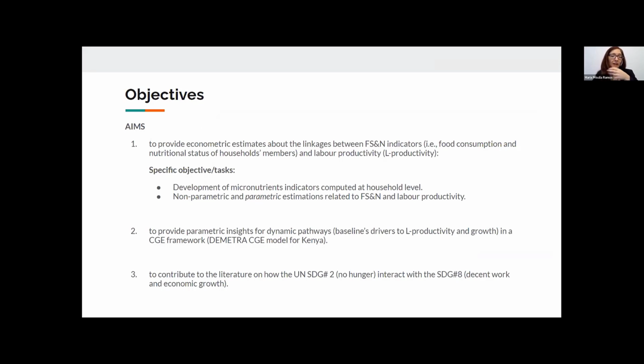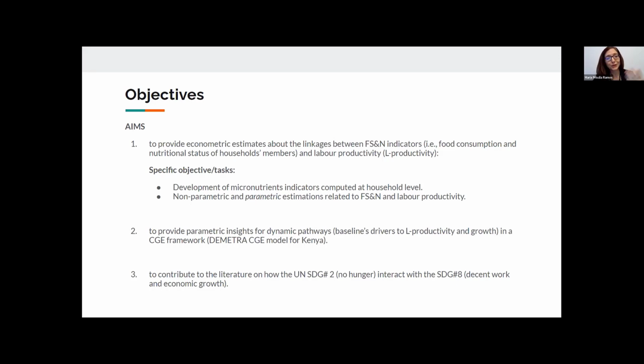For this aim, we developed micronutrient indicators computed at the household level, because the energy consumption indicators and the macronutrient indicators were developed in the previous paper I mentioned before, and then ran non-parametric and parametric estimation relating food security and nutrition and labor productivity.